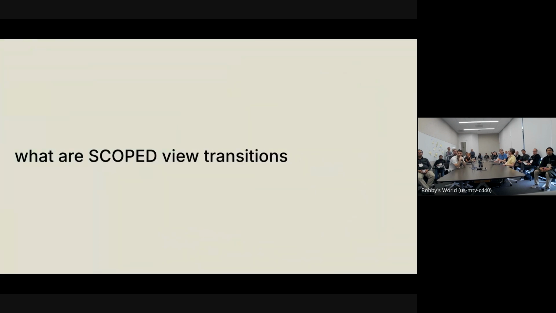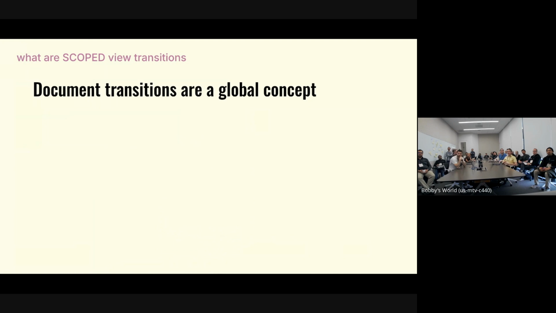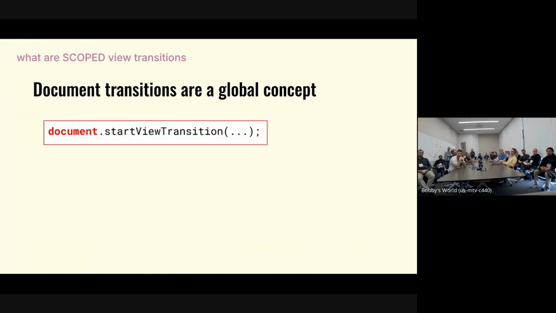So what about scoped? So scoped is, we launched document view transitions, and they work pretty well, but they have some problems. The problems mainly stem from the fact that it's a global concept. So you have one document, could have arbitrarily many components inside it, but you can only call start view transition on the document.